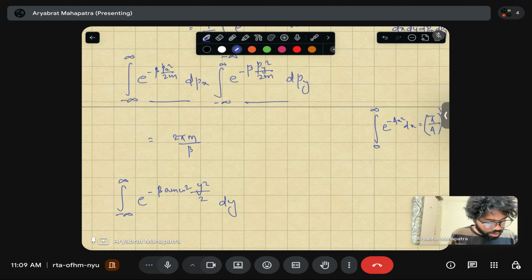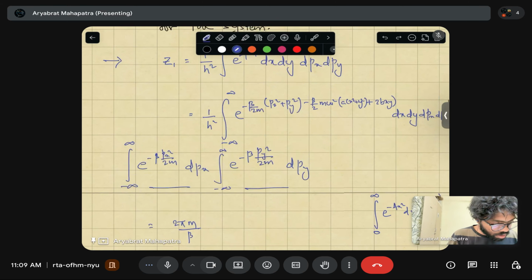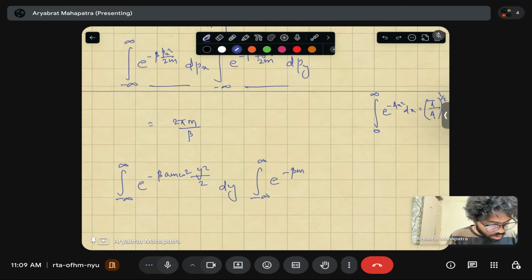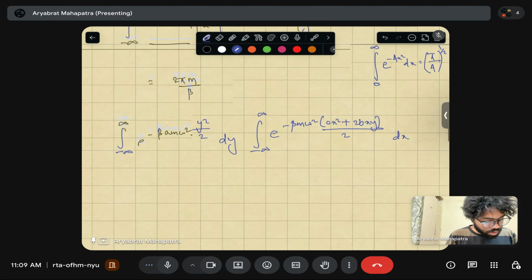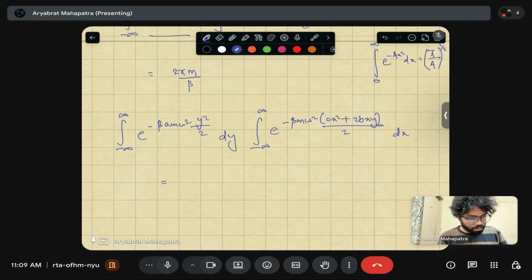So the y integral would be this, and the corresponding x integral is exponential minus beta m omega square, a x square plus 2bxy over 2, and this is over x.